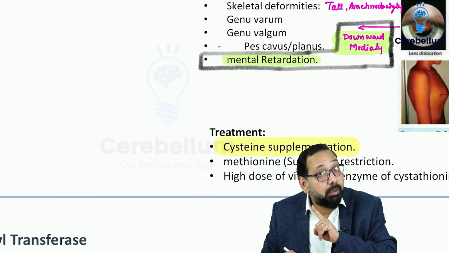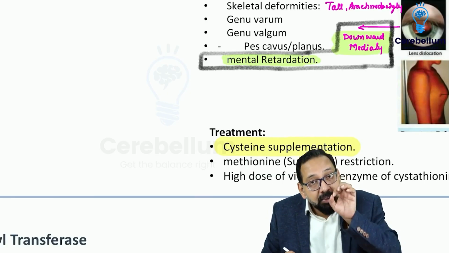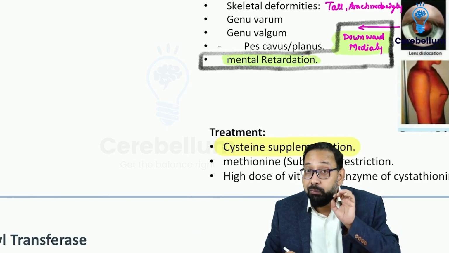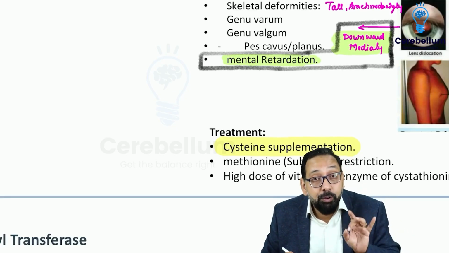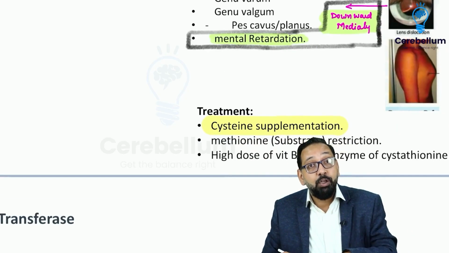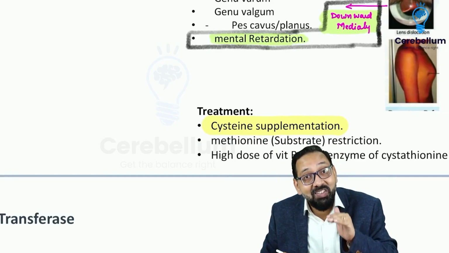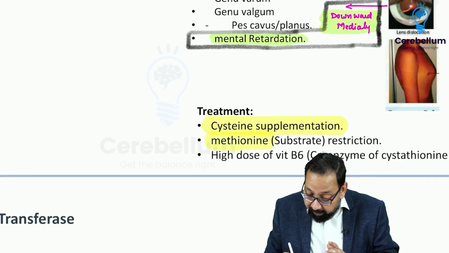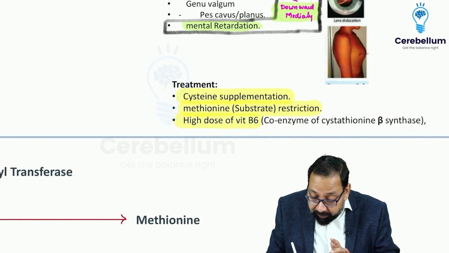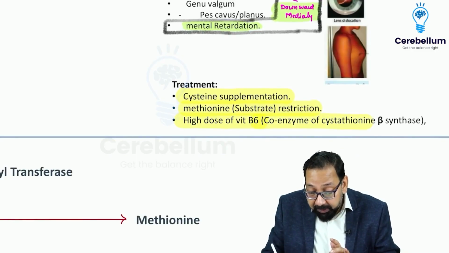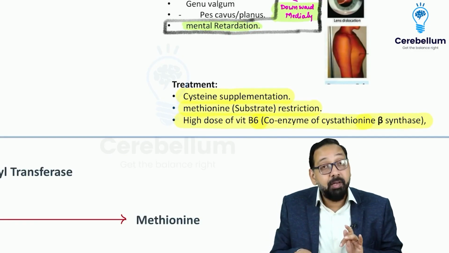You can't stop methionine, but restriction of methionine, point it out. If you stop, that is not acceptable because methionine is an essential amino acid. You can't stop, but you will restrict the diet. We will give high dose of B6. Why high dose of B6? Because B6 is cofactor for cystathionine beta synthase.